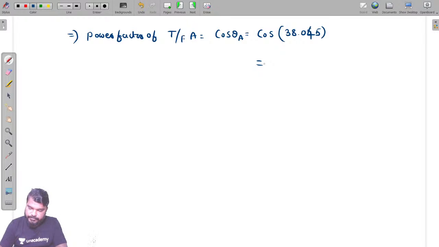Cos 38.045 is equal to 0.787. Now tell me, is it a lagging power factor or a leading power factor?